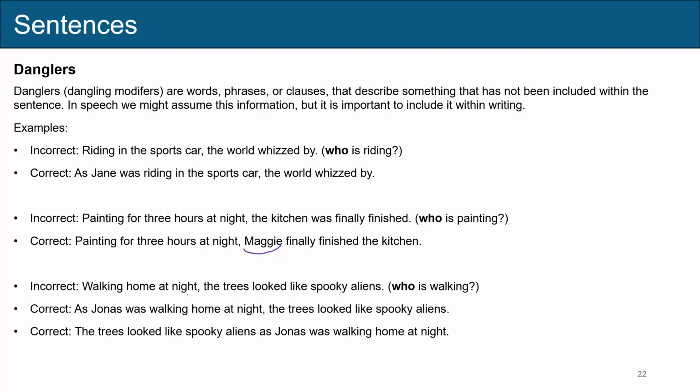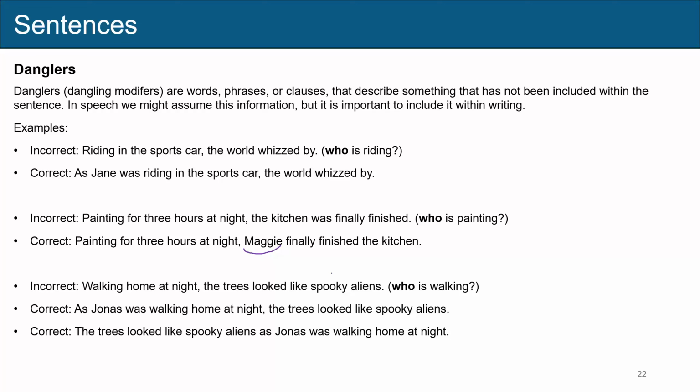Next one, walking home at night, the trees looked like spooky aliens. And one thing to indicate here is I've corrected those last two in one way. There are different ways you can correct it. The key idea, though, is that you need to make sure you have that subject, you have that verb, and you are making a complete thought with your writing in a sentence.